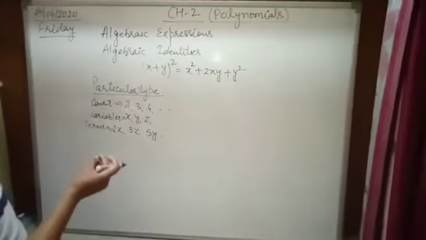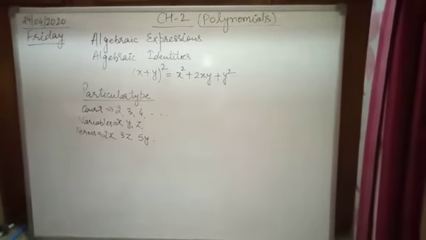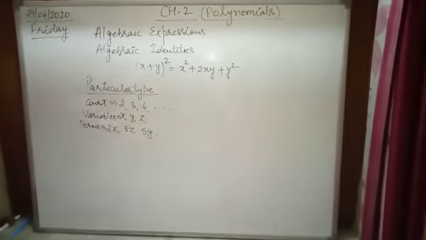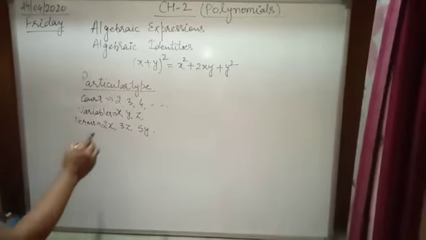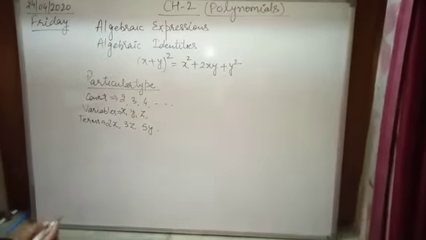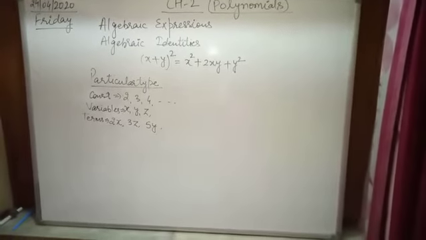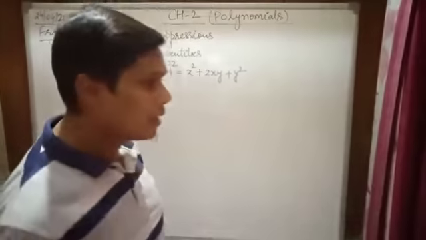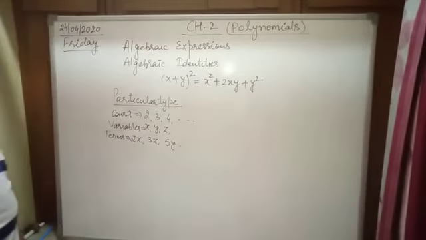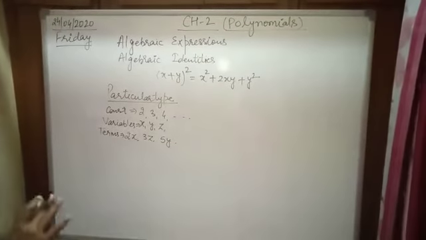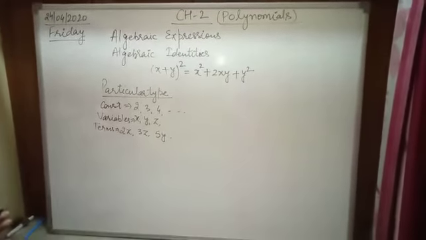We can say x, y, z are also terms if they are written singly. Now if we are adding 2 terms, 3 terms, 4 terms, then they make the category of a polynomial.